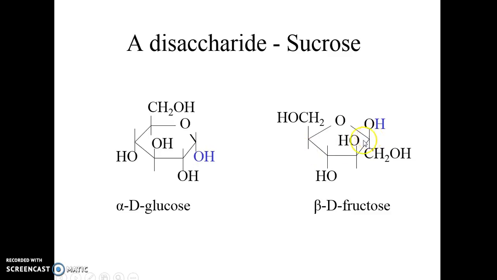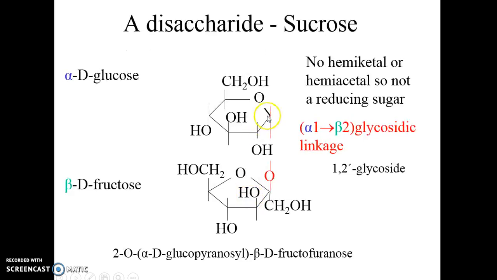So this carbon right here is joined to this carbon here through the glycosidic linkage. So this is alpha 1, and then this would be 2. And this oxygen is up, so that's beta 2. So this is alpha 1, beta 2 glycosidic linkage. And that's what we have in sucrose.